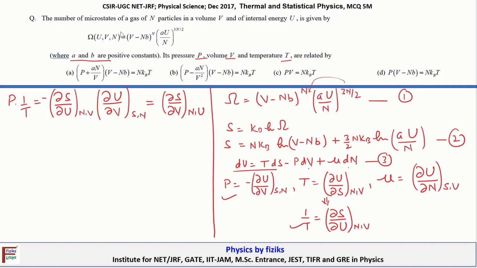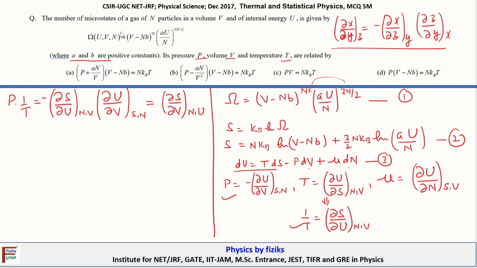The reciprocity theorem says that if we have three variables, then dx by dy keeping z constant is equal to minus dx by dz keeping y constant, times dz by dy keeping x constant. We have made use of this result, known as the reciprocity theorem.